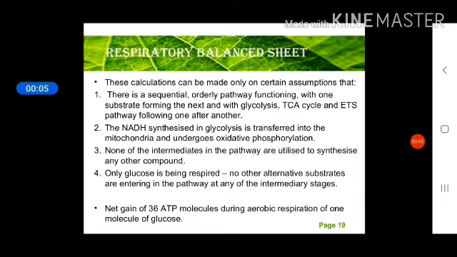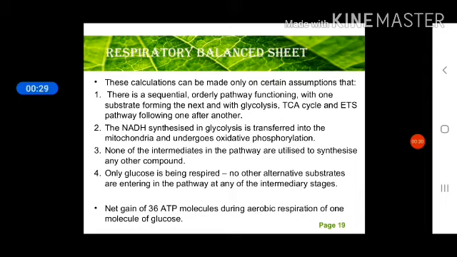In various steps we have seen that at various places ATP is produced, and at some places NADH2 and FADH2 are produced, which are ultimately converted into ATP with the help of the electron transport chain and oxidative phosphorylation.